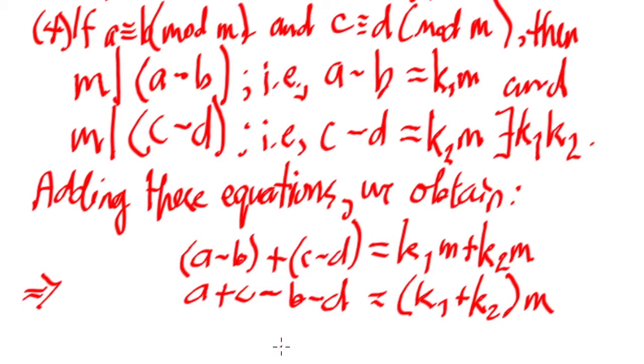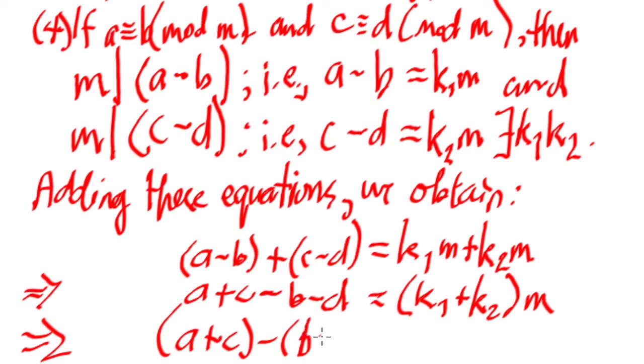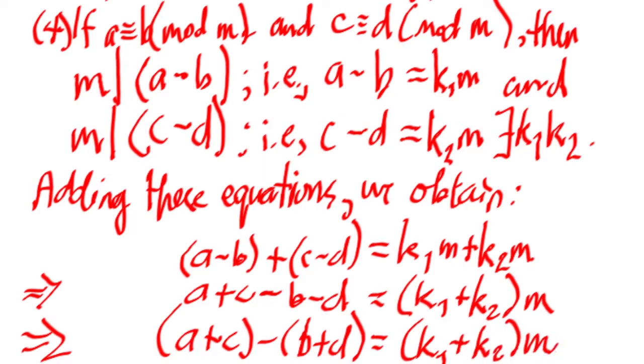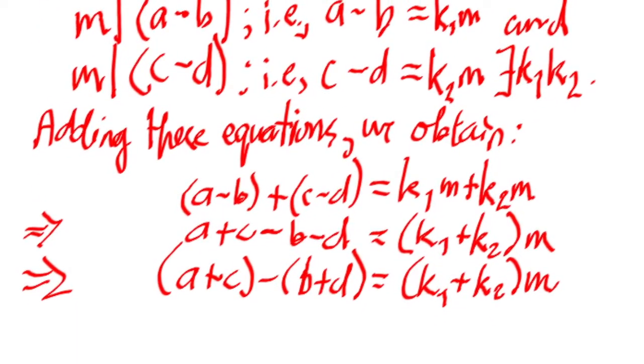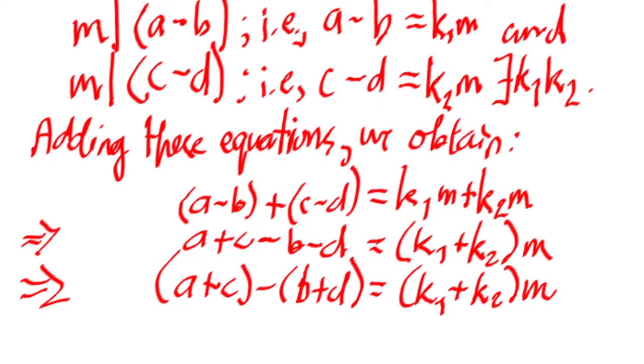Getting that minus 1 from both B and D, we obtain A plus C, and if you want, we can put that in parentheses, minus B plus D, which is equal to k sub 1 plus k sub 2 times M. Now from the last equation that we have here, the congruence statement is indeed true.